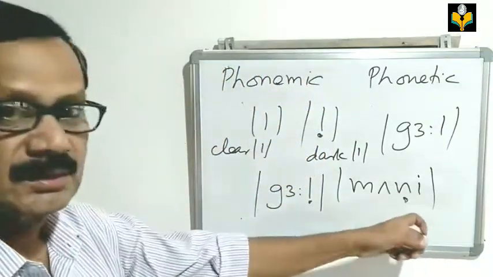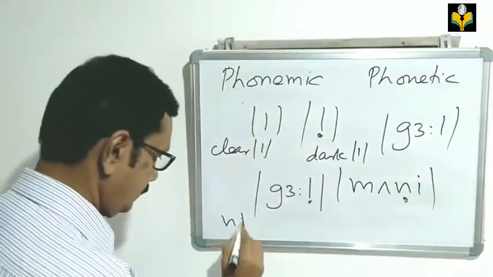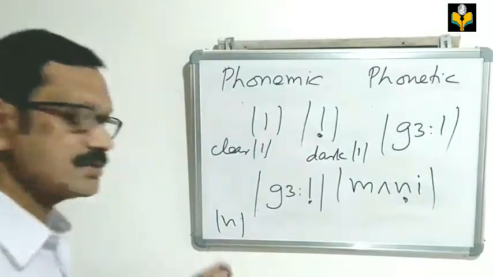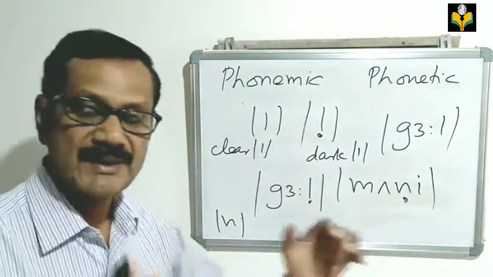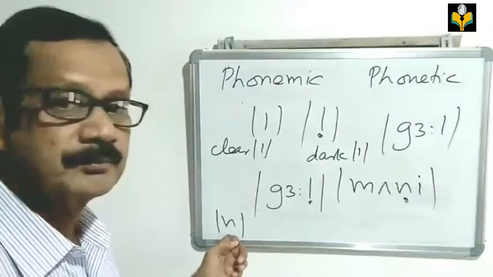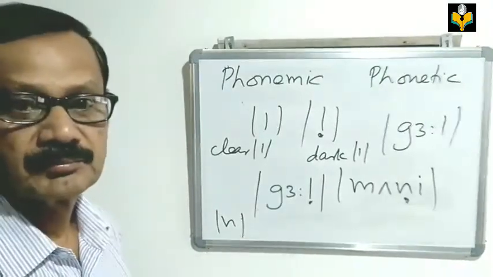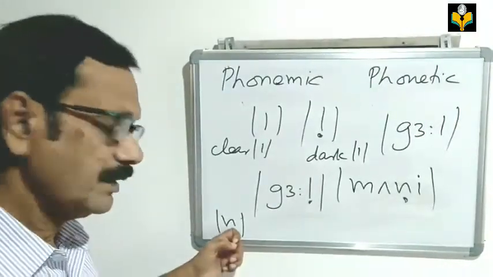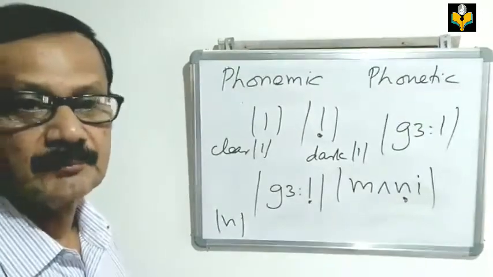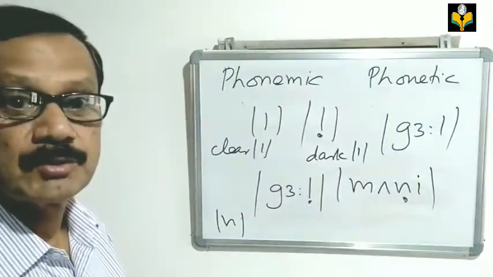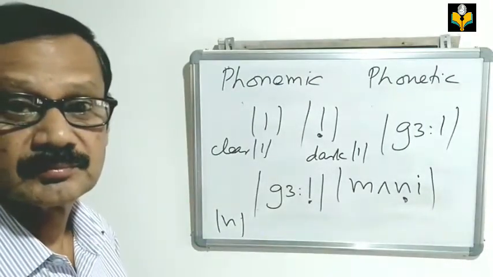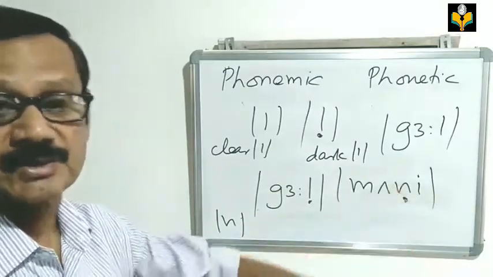Money. Na sound. N and N. That is two variant sounds of the same phoneme N. That is allophone here. But in English, only one sound is there. But in Malayalam, there are two sounds. There is na one sound, na another sound.